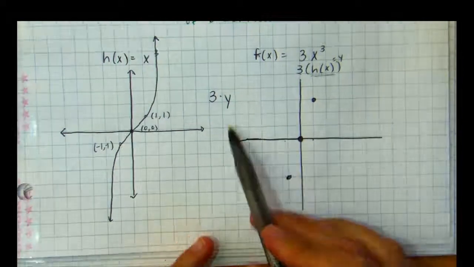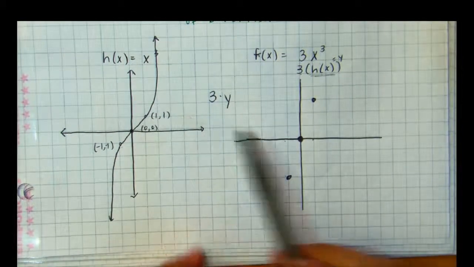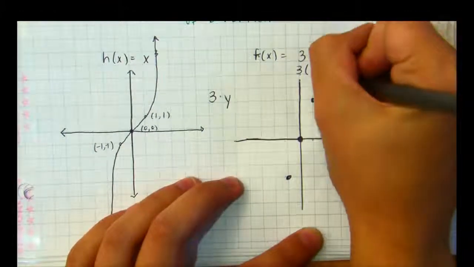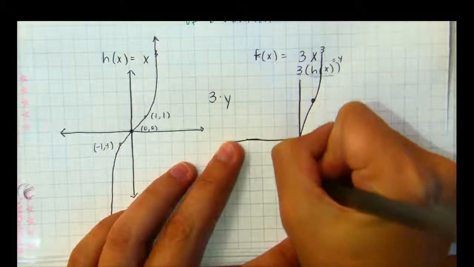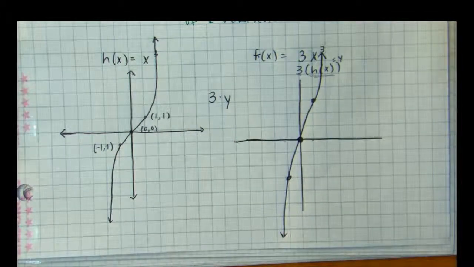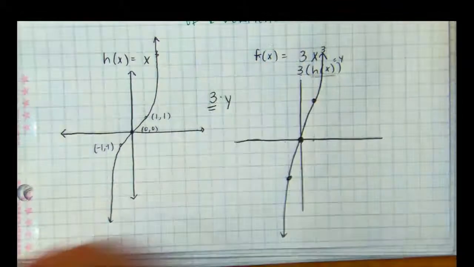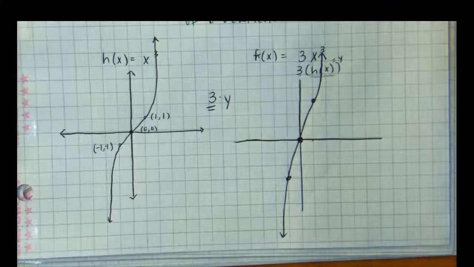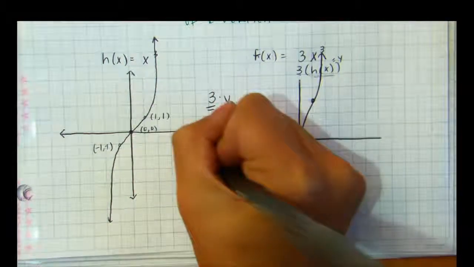Okay, so I'm going to keep the same general idea of my graph. It's just getting a lot taller, but still a little bit curvy, not exactly a straight line. Is my function being stretched or compressed in this case? Well, I'm multiplying my y values by 3. Because that value is greater than 1, this is going to be a stretch.